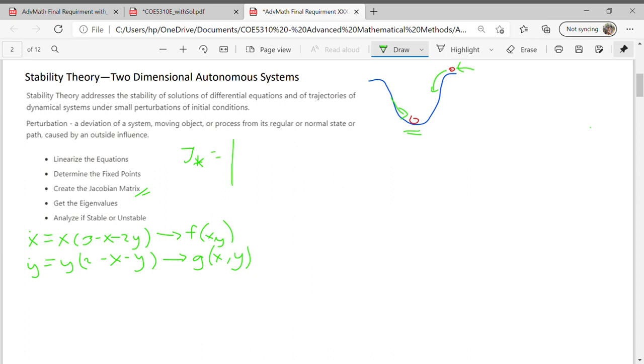So for the first element, we get the partial derivative of the function with respect to x and then y. For the next function, we also get the partial derivative with respect to x and y. So this is our Jacobian matrix for the two nonlinear functions.